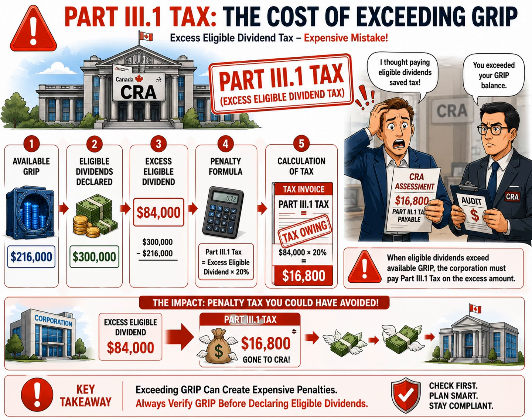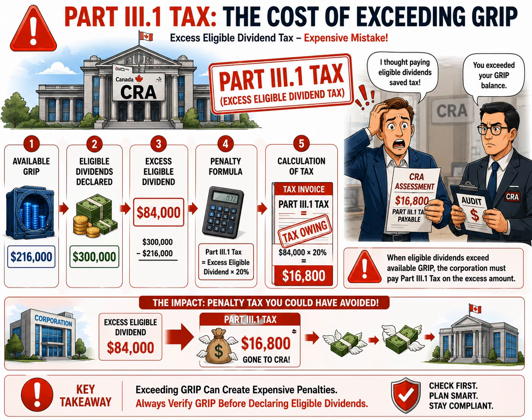As shown on the left side of the slide, the corporation starts with an available GRIP balance of $216,000. Next, the corporation declares $300,000 of eligible dividends. At first glance, this may seem harmless. But remember, the corporation only has $216,000 of eligible dividend capacity.